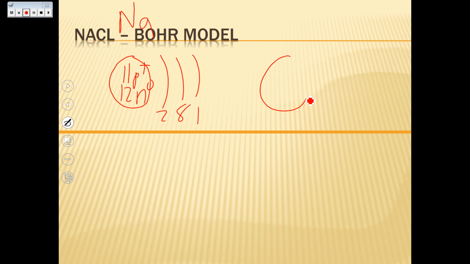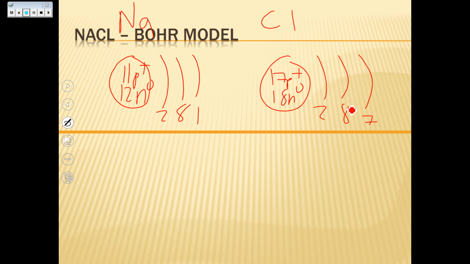So chlorine is going to have 17 protons and 18 neutrons. This is chlorine. 2, 8, 7.